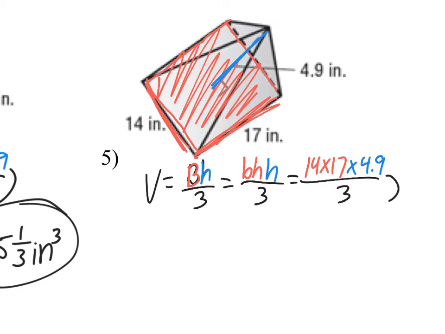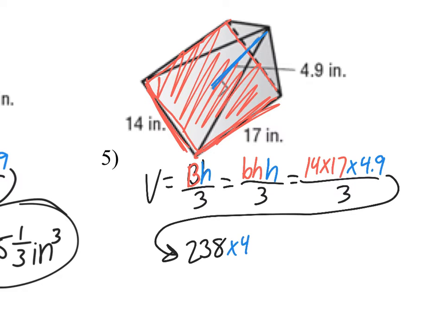Again, I'm going to work my way back over here. So I'm going to do 14 times 17. I'm going to get 238. So I have to do that times the 4.9. And we'll have to divide by 3 when we're finished. Really meant to write that 238 in red, because that 238, I know you're getting sick of me saying it, this 238 right here is the area of the base.